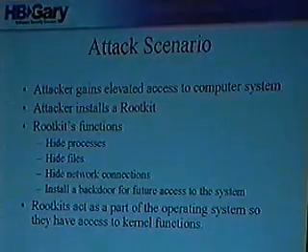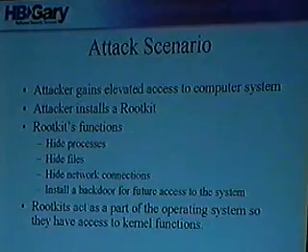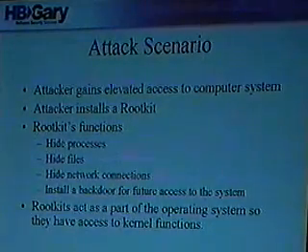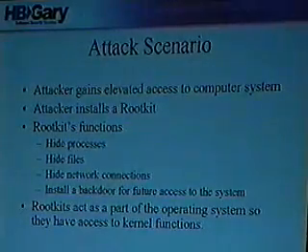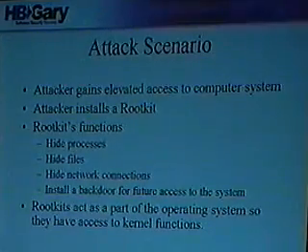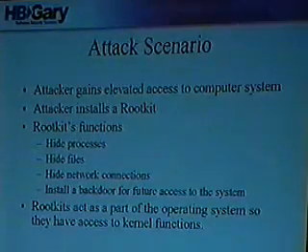So, talk scenario. Rootkits are not about how to exploit a box. There have been other talks here, FX and Alvar, and other talks at Black Hat by experts at shellcode and so forth. So I won't talk about how to gain access the first time.